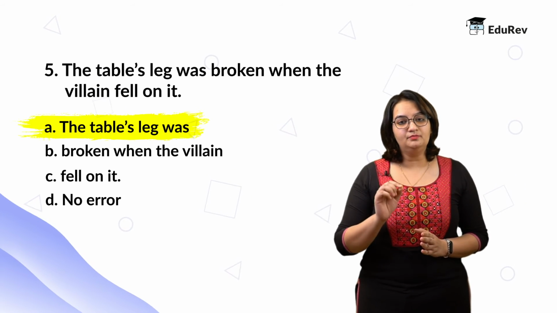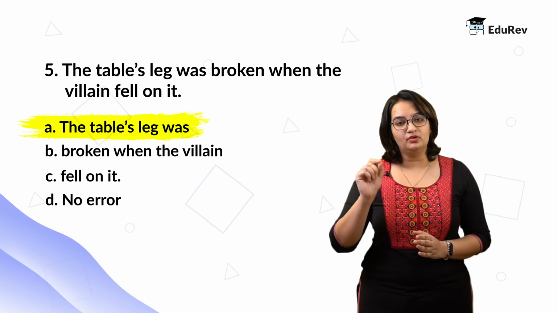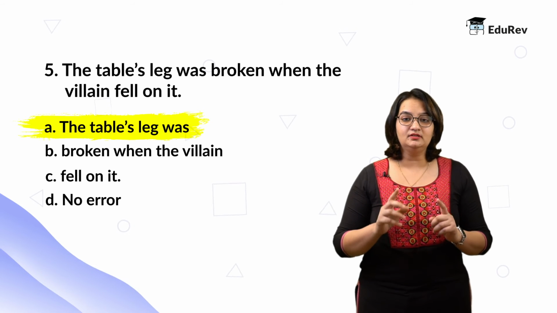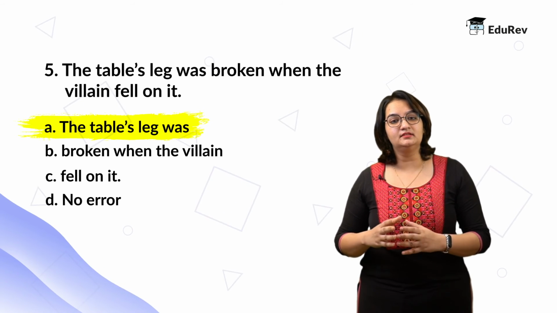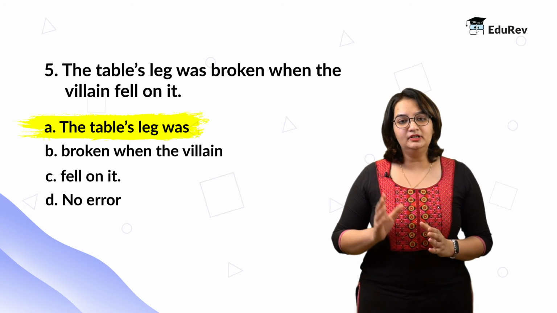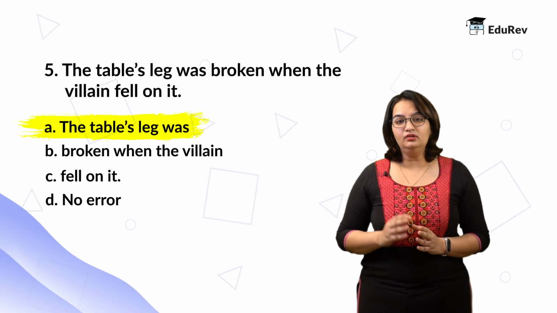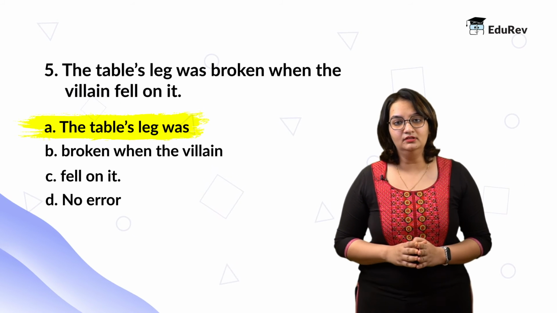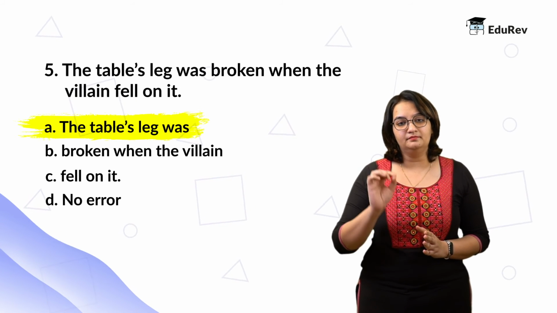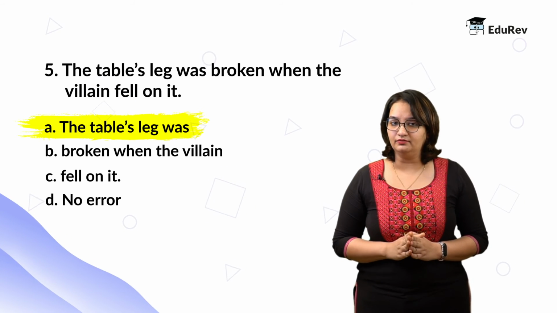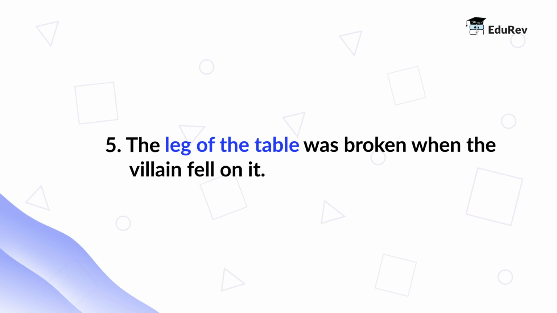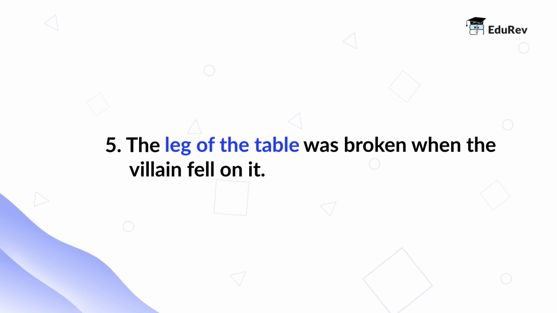Here, the most important rule to remember is that we use apostrophe S only when we are talking about animate objects, because only animate objects can exert some kind of possession on the surroundings they have. Inanimate objects, for example, the table, cannot exert any kind of possession on anything. And therefore, to resolve this particular problem, we will make use of of. How? So, the correct statement is, the leg of the table was broken when the villain fell on it.